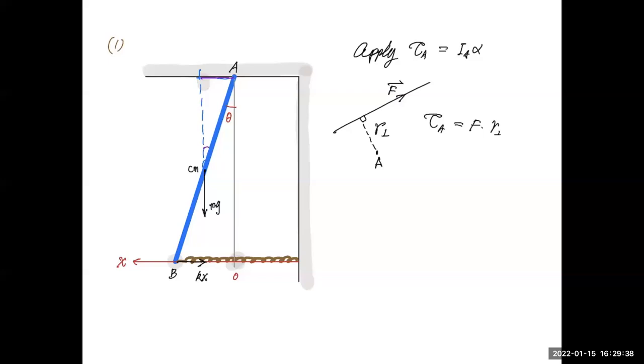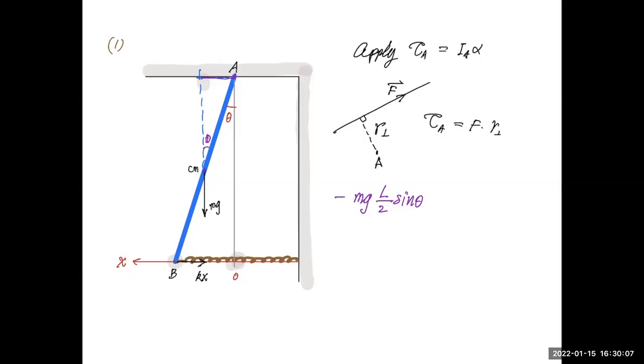Because this angle is also theta, and the distance between here and there is just half of L. So the lever arm of mg is half of L sine theta, and then times mg itself. That gives us the magnitude of the torque. It's negative because it's counterclockwise.